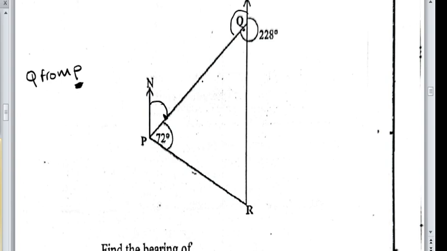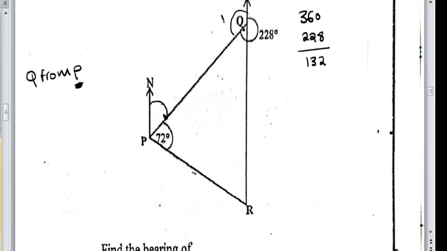Since the complete angles at the point add up to 360, if I subtract 228, I am going to remain with 132.